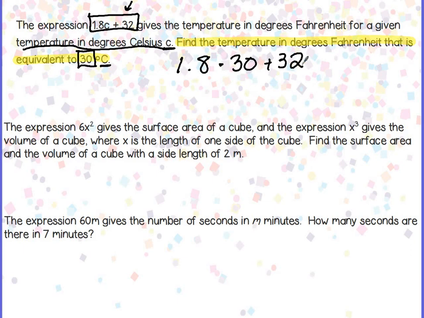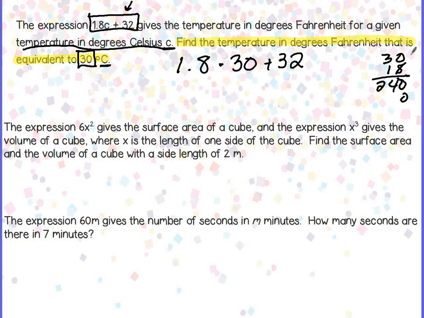I know I have to do the 1 8/10 times 30 first. I can use a calculator here if I want to, but if I'm not going to, I have to do the work off to the side. 8 times 0 is 0, 3 times 8 is 24.